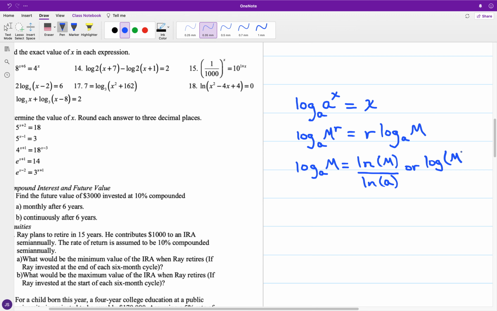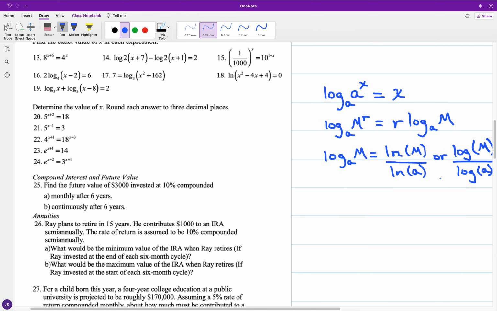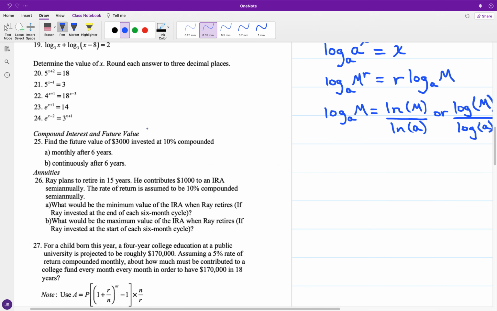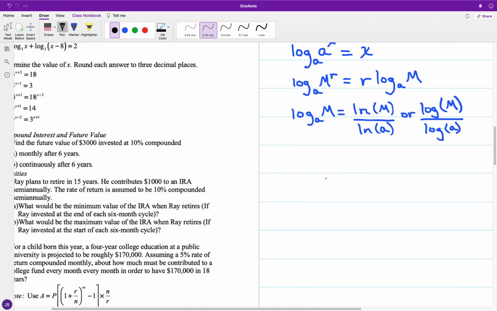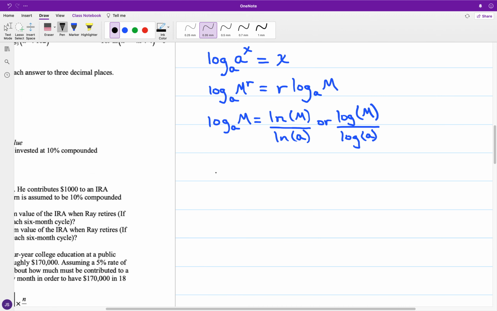Okay, and now in the case of number 20, we're looking at the base 5 raised to the x plus 2 degree, and that is set equal to 18.